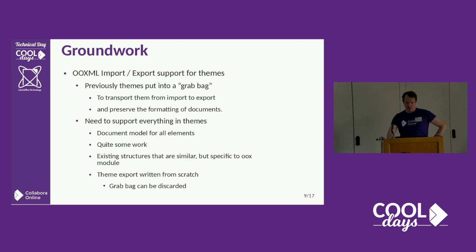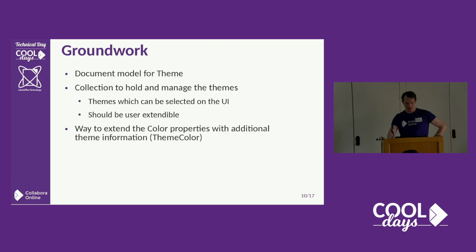I modified the import so that it doesn't use grabbag directly, and it fills the document model. Export I've written from scratch, and now I can just discard the grabbag, which is not yet done, but will be. So, as I said, we need a document model for the themes.